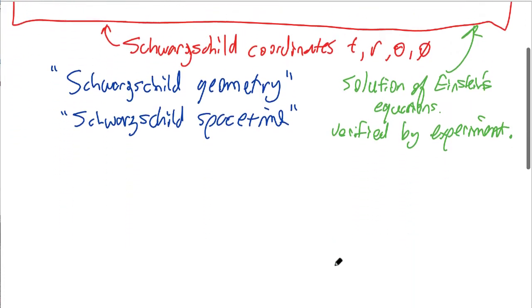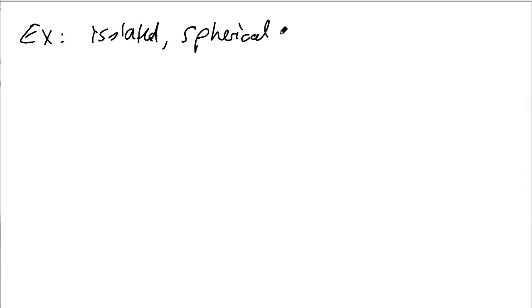What are some examples of isolated spherical non-rotating bodies? Well, how about the Earth?